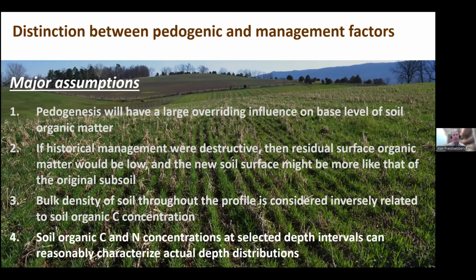Soil organic carbon and nitrogen concentrations at selected depth intervals can reasonably characterize the actual depth distributions. Okay, so fitting that function is important, and we are able to do that with these depth distributions, and it seems to work in general.